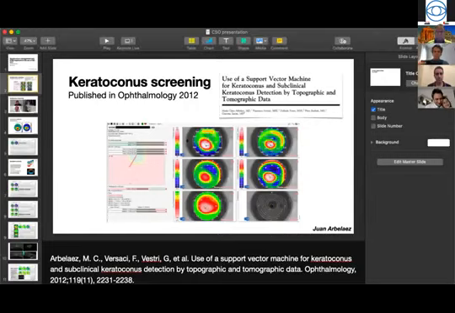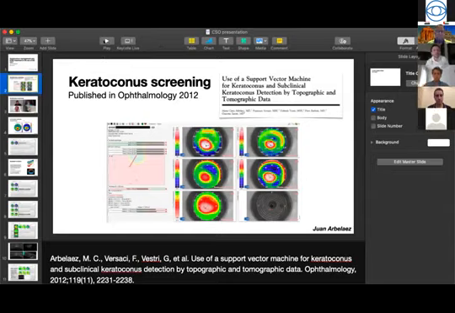Did you share the presentation? Technical issue here. Did you click on share screen? Yeah, but I was sharing the screen of the case I showed you. Yes, now we can see the presentation.